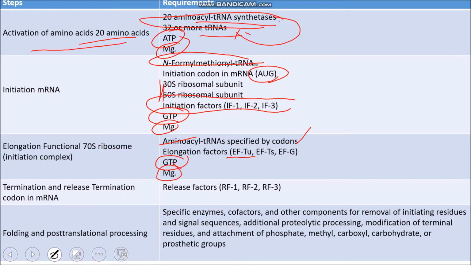The termination process requires the termination factor, or you can call it release factor, that is release factor 1, release factor 2, release factor 3. And in post-translational processing, we require different types of chemical modification, and structural modification, primary to quaternary structure changes, conformation changes. For all these things we require different components according to the modification processes.